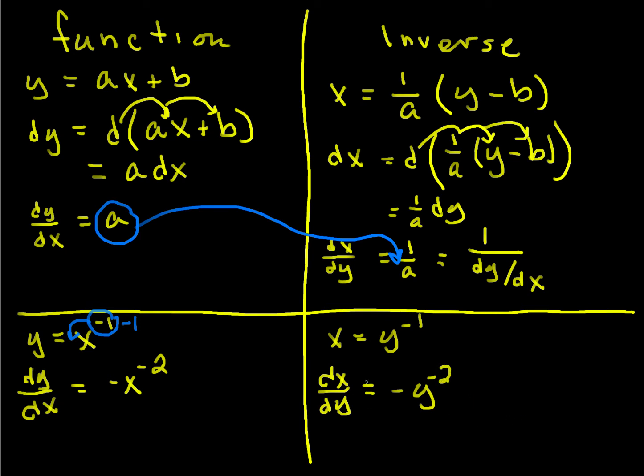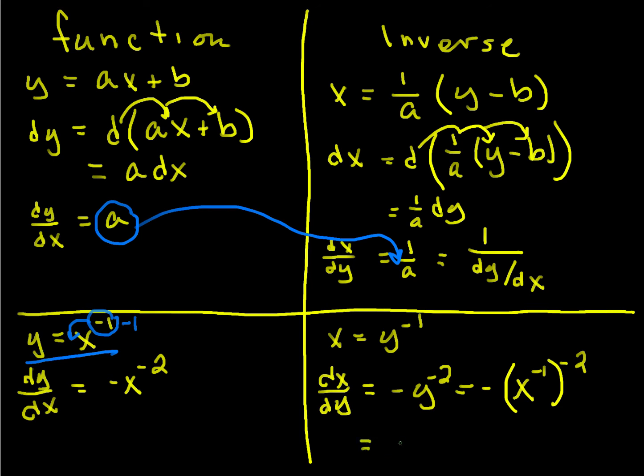Now, we know something about y, unlike the original one. These have two different variables, but I know that y is equal to x to the minus 1. So I could replace that here. And so this is equal to negative, and now y is equal to x to the negative 1, so I can put this in for y, still being raised to the minus 2 power.